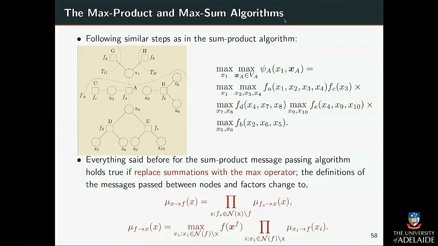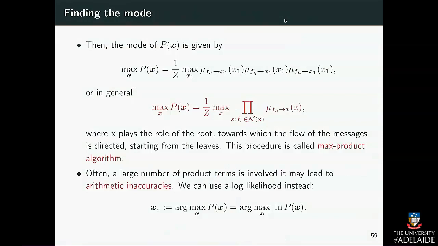And because of this idea, you do a procedure which is exactly analogous to what we were doing before, except instead of doing sums, you do maxima, and similarly you have the variable to factor messages that do the maxima, and the factor to variable messages that do products of these messages. And in the end, you find the maximum by doing this.